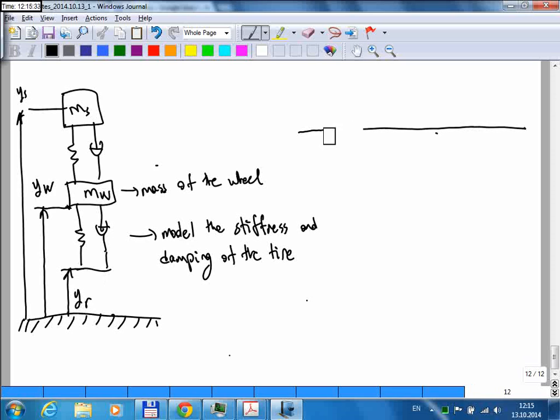But if there's, for example, a speed bump like this, then this speed bump will cause the wheel to go up, right? So if you are driving here while going over here, your wheel will be raised, and this yr represents the road. So this yr is the coordinate of the road surface.